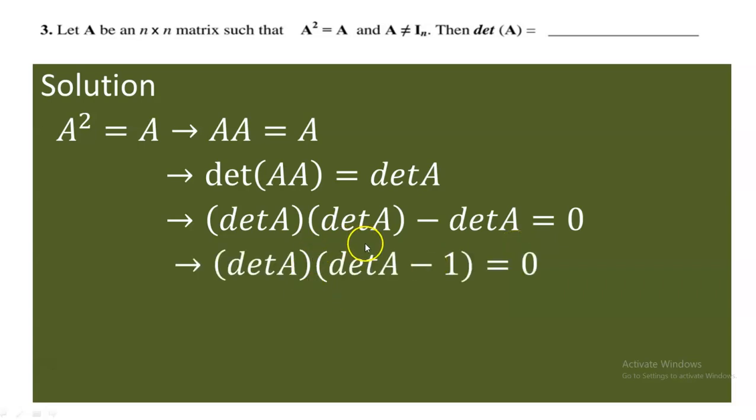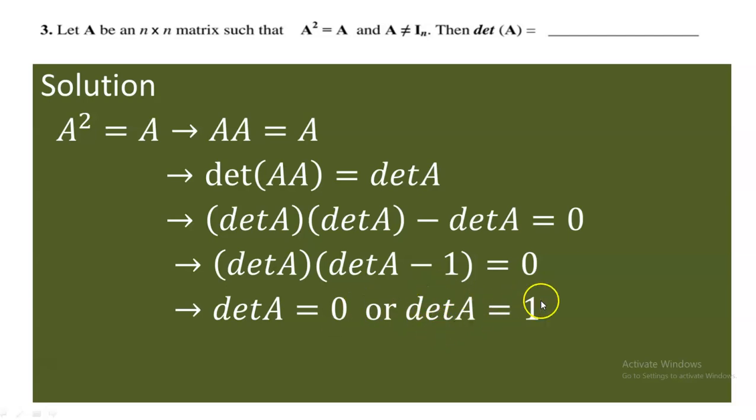Taking one of these as a common factor, determinant of A times (determinant of A minus 1) is equal to 0. Look, the product of two numbers is 0 if either one of the two is 0. So either the first must be 0, or the second must be 0, which means determinant of A is 1, because 1 minus 1 is 0.